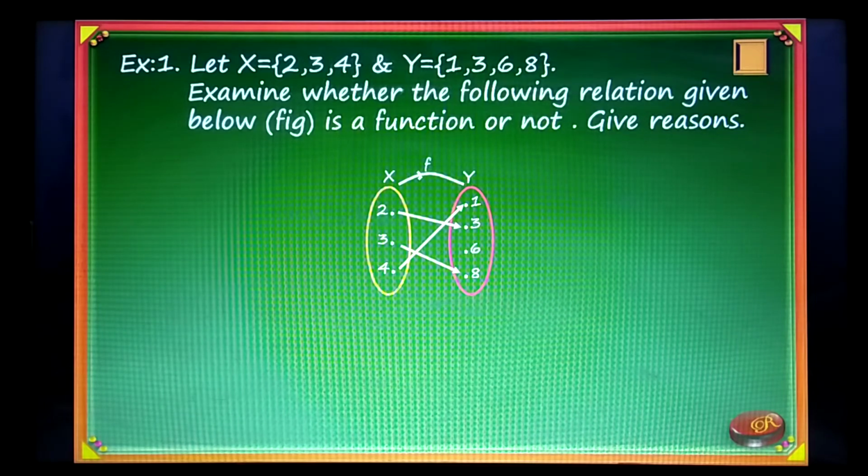Let us examine some examples. Example 1. Let X = {2, 3, 4} and Y = {1, 3, 6, 8}. Examine whether the following relation given below in figure is a function or not. Give reason.